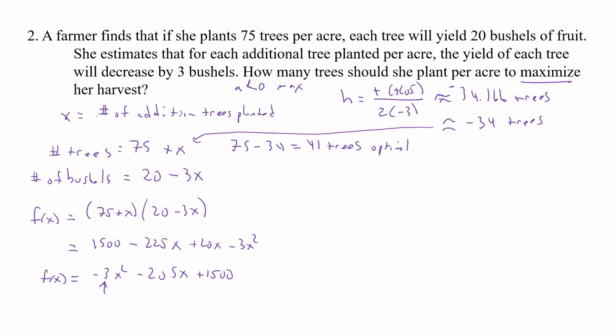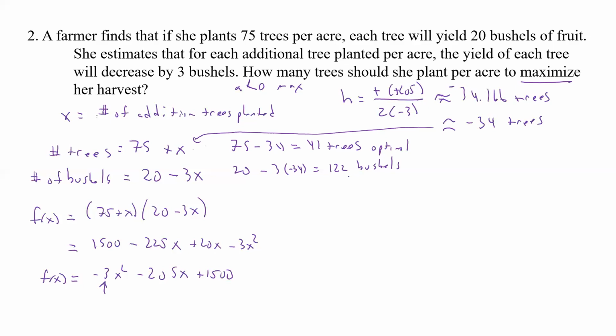Okay. Now, how many bushels is that going to be? Well, that's going to be 20 minus 3 times the x, which was 34. And that's going to give me, and it's a negative 34, sorry. 20 plus 3 times 34, that's 122 bushels.